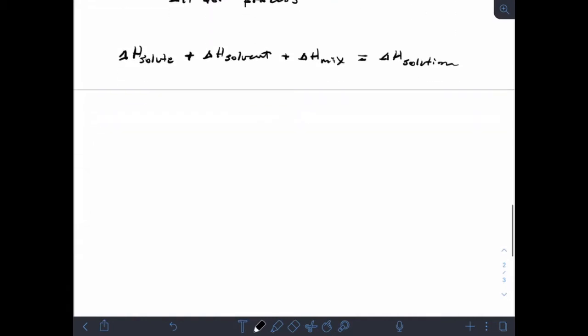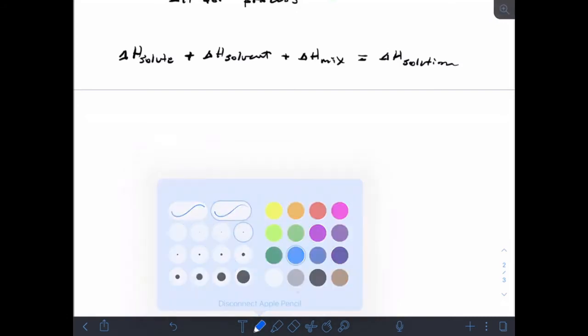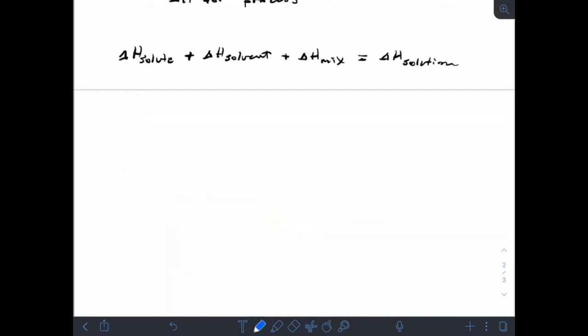Okay. So to look at an example here, if I add some magnesium sulfate, salt, to water, the delta H of solution is negative 91.2 kilojoules per mole.